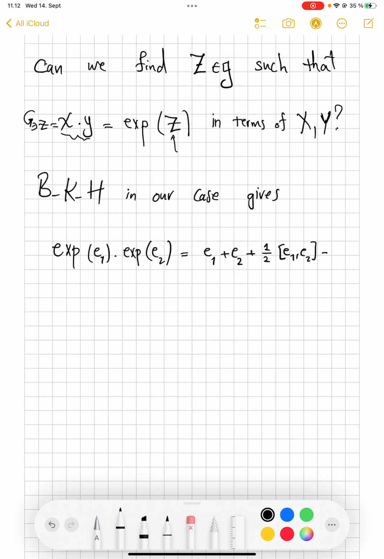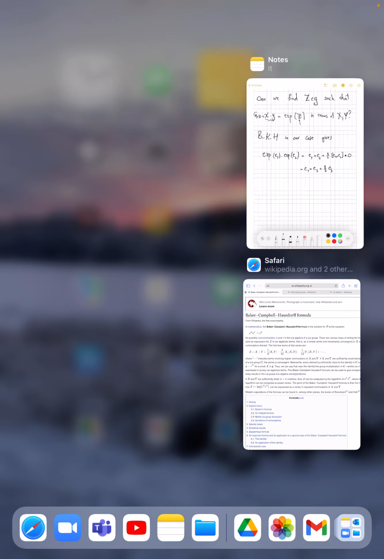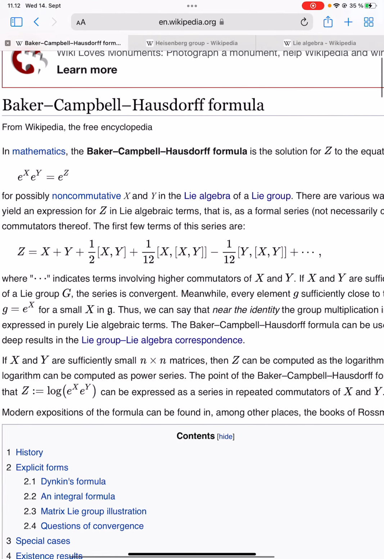Feel free to write out the following terms and check that actually you get zeros. So this becomes E1 plus E2 plus 1/2 E3.